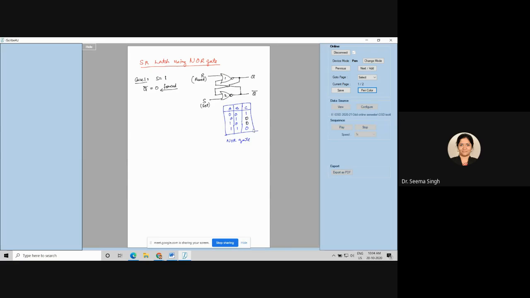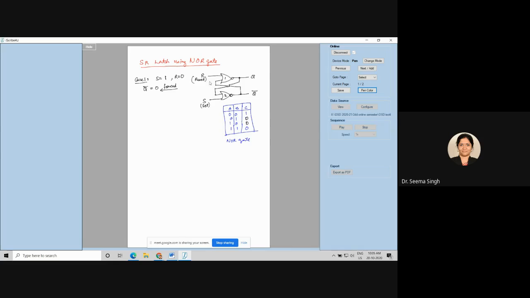Now, if Q bar is forced to be 0, then what happens? This 0 goes as the input of the first NOR gate. Now, when the first NOR gate is getting a 0 here, it will have an option of seeing the reset. Reset will decide what will happen here. So, for this case, I am assuming that S is 1 and R is 0. When S was 1, Q bar was forced to be 0.